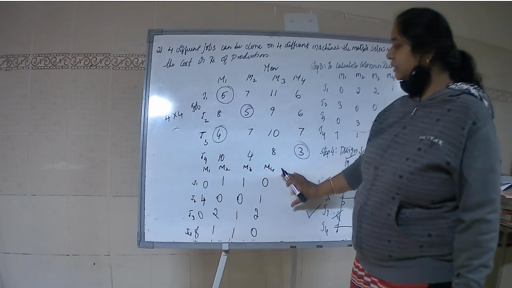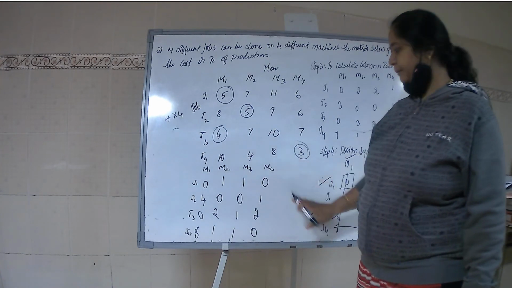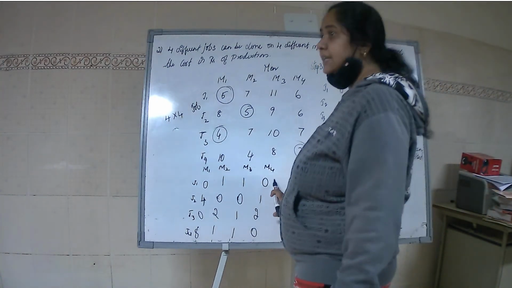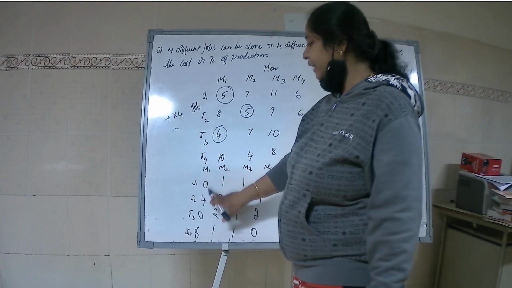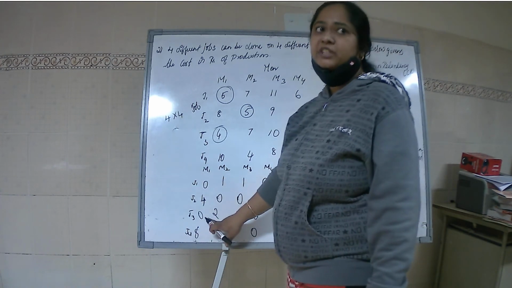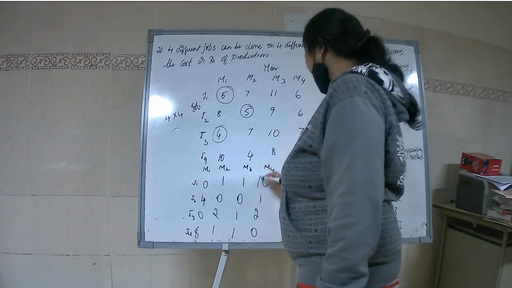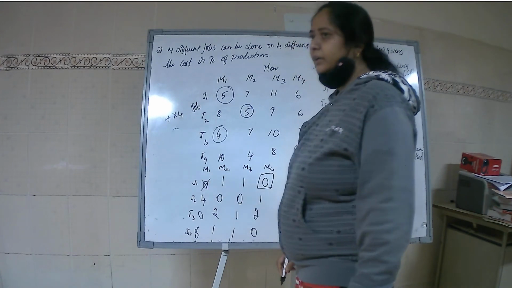Now for this matrix you have to do the assignment. So here I will put the assignment to M4, because if I put it to M1 there is only one 0 in J3 and that will get struck. So I will put it for M4 and strike this 0 in M1.